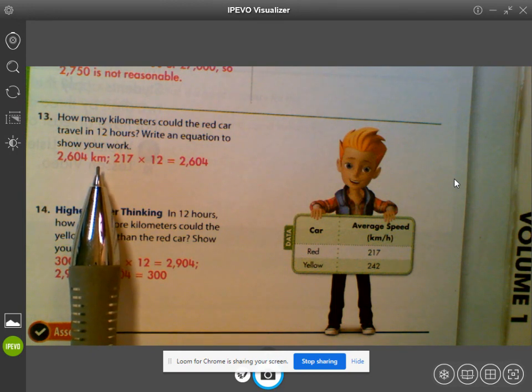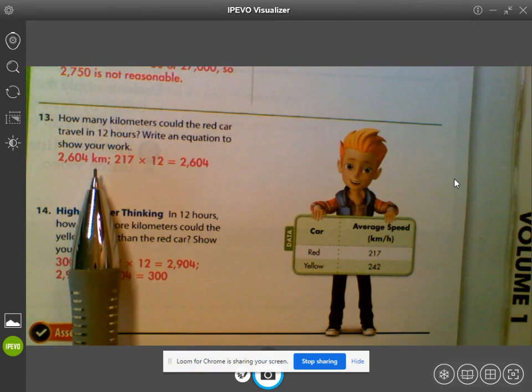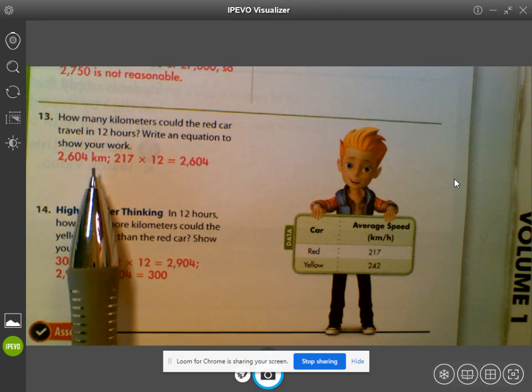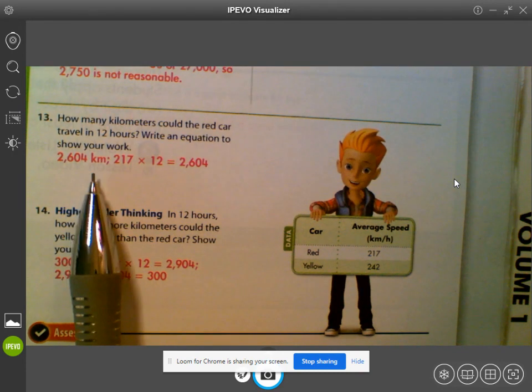Either you wrote out the word kilometers or you abbreviated it as km. If you did not remember your unit, I want you to write it in now. On a test, if you forget a unit, you get half of a point off. Because then I'm like, okay, 2,604 what? Balloons? Monkeys? What are we talking about? Kilometers. So you want to make sure you include that unit.